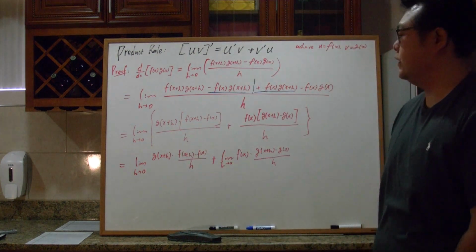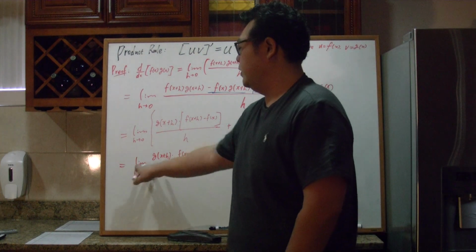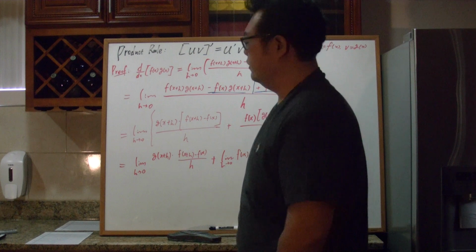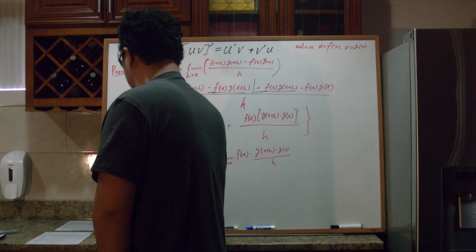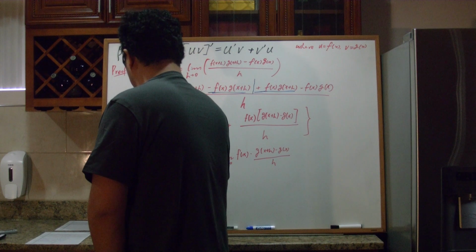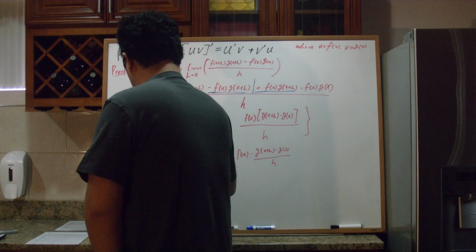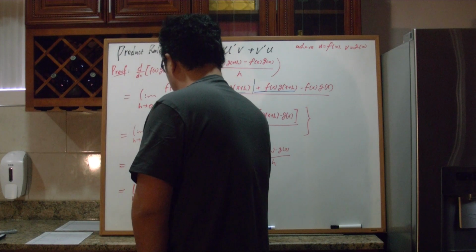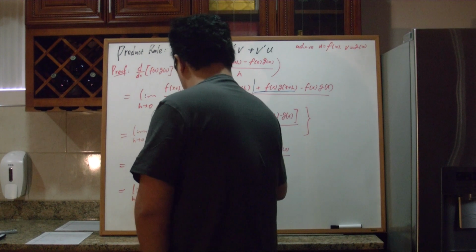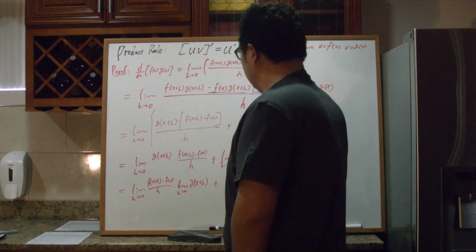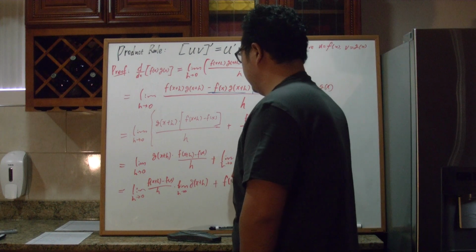They are separated into two expressions, and the limit of the product also yields the product of the limits. For this one, f of x is treated as a coefficient, just carry it out.